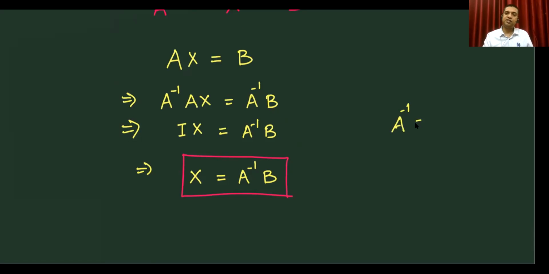A inverse is adjoint A by det A. The determinant must not be equal to 0. If the determinant is equal to 0, then you will not get solutions; A inverse will not be defined. If the determinant is not equal to 0, A inverse will exist, so A inverse B will give you the solution. Did you understand?